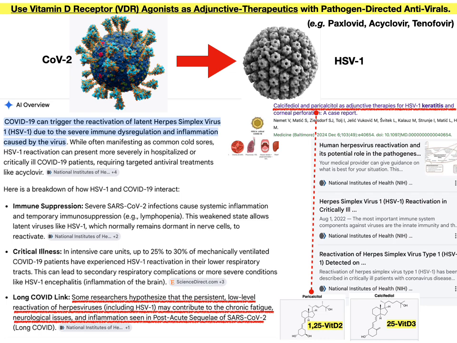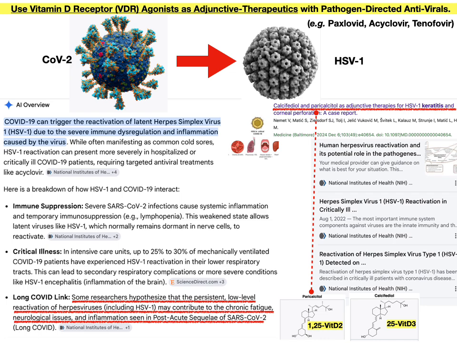In contrast, vitamin D receptor agonists are host-directed antivirals. They serve to bolster a multitude of pathways that provide innate immunity, antioxidant capacity, and the healing of injured tissues. So conceptually, there is no fundamental reason why vitamin D receptor agonists could not be combined with pathogen-directed antivirals.